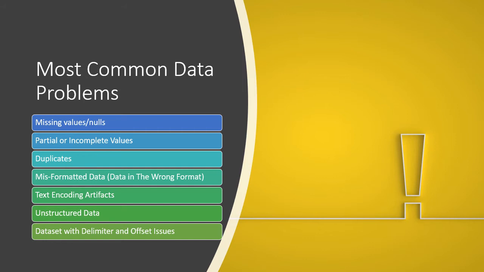Data sets with delimiter and offset issues also, this has to do with the incompatibility of platforms. So we might face one of these, or maybe more than one, inside our survey data set, and we need to deal with it.